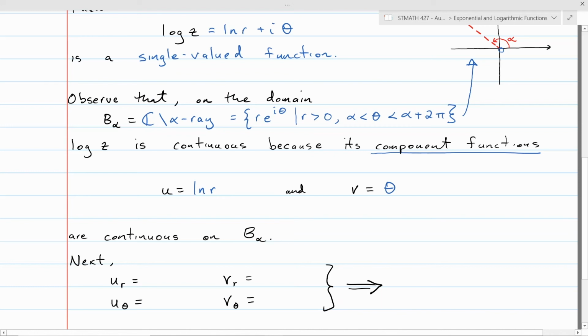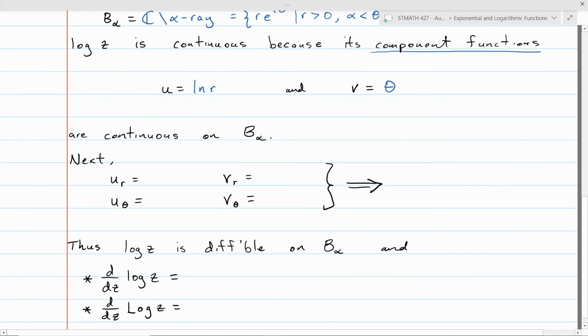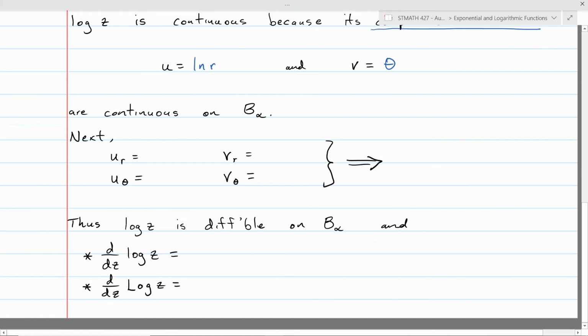First of all, we can just look at u and v and say, those are continuous functions, because of what we know about real valued functions. Certainly u equals natural log of r, if we think of r as the parameter, is continuous for positive r's. And if theta ranges from alpha to alpha plus 2 pi, v is continuous on that domain. We've got good, continuous component functions.